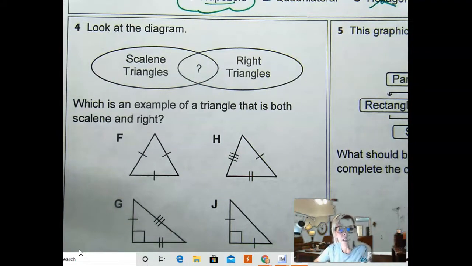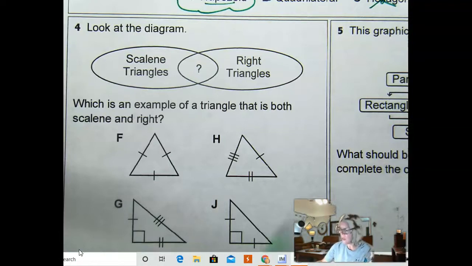It says, which is an example of a triangle that is both scalene and right? Now, if you think back to your notes, go back in your notes if you want to find out before we go over it. What is a scalene triangle? Okay, well, I'll tell you. A scalene triangle is a type of triangle that has no equal side lengths. All the side lengths are different.